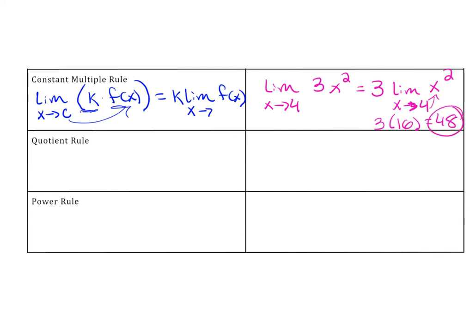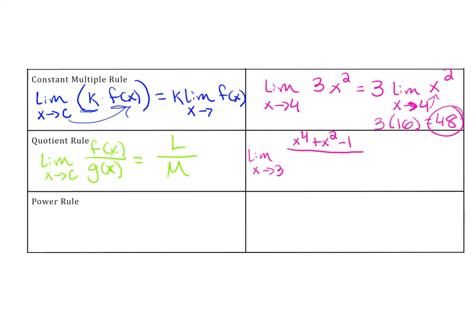Okay, quotient rule, it's just like the other rules. If I have a limit of a quotient, f of x over g of x, I can simply find the limit of f of x, L, and divide it by the limit of g of x, M. So if you have the limit as x approaches 3 of x to the 4th plus x squared minus 1 all over x squared plus 5, you can find the limit of the numerator over the limit of the denominator.